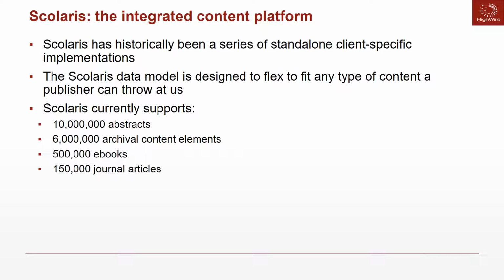So these are scanned copies of physical documents, for example, Dutch naval records that include metadata and are searchable. We've got several 100,000 books and a relatively small number of journal articles by comparison with the rest of HighWire's products on JCore and Classic. But we do still have journal articles.